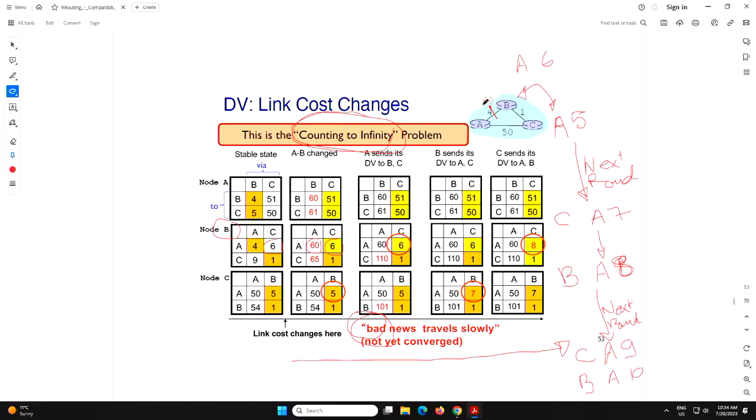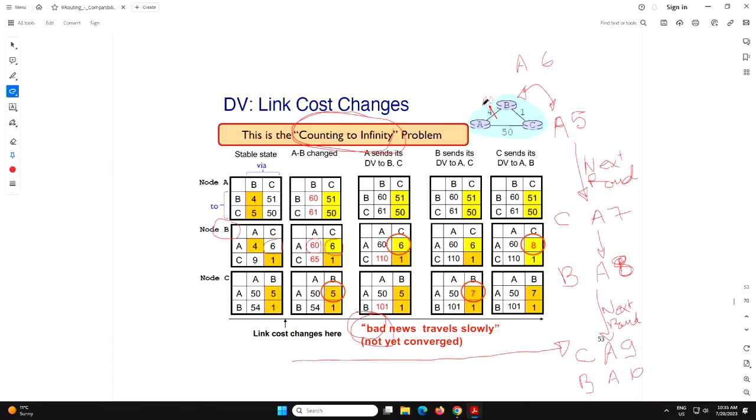So whatever C is promising to B is actually based on what B promised to C in the first place, right? And now B is a victim of this because B doesn't know that C is giving this smaller cost to A based on C's understanding that it would be able to forward the packet through B, right?